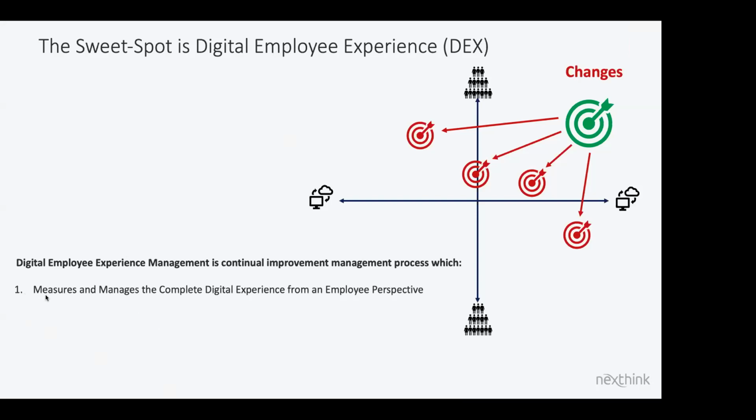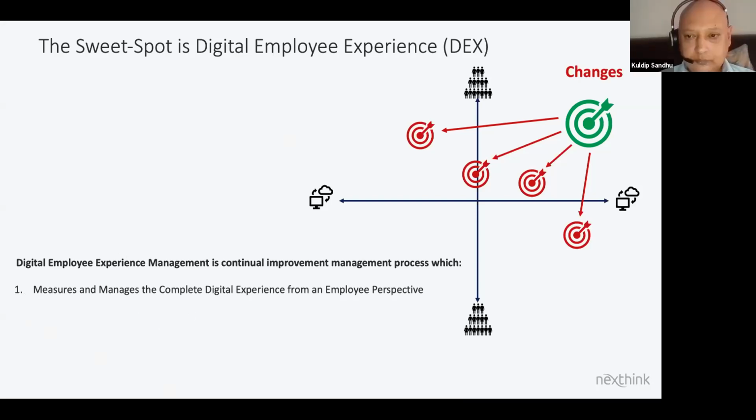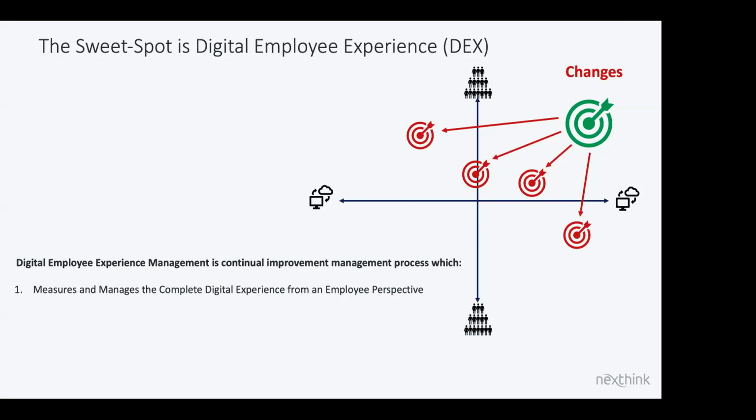So here, the ability to measure and manage how services are being delivered, but from the end user's perspective. So we're not managing whether a server is up 99% of the time. We're measuring whether an employee can continue to remain productive 99% of the time.